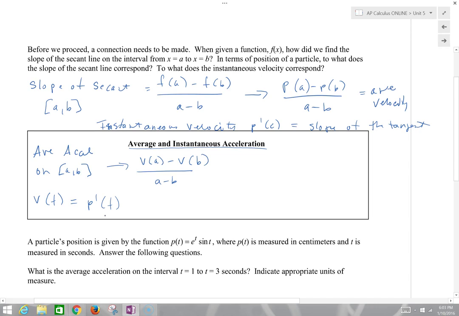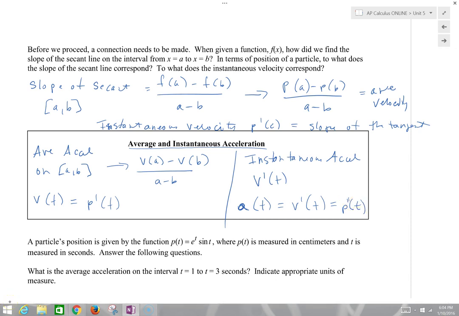Might be worth saying, that's our velocity. And then the instantaneous acceleration is going to be v prime of t. So we have acceleration is equal to v prime, which is equal to p double prime.